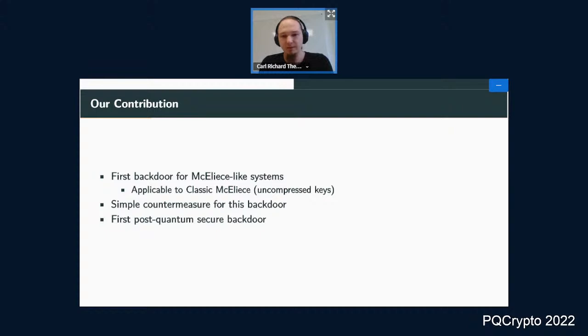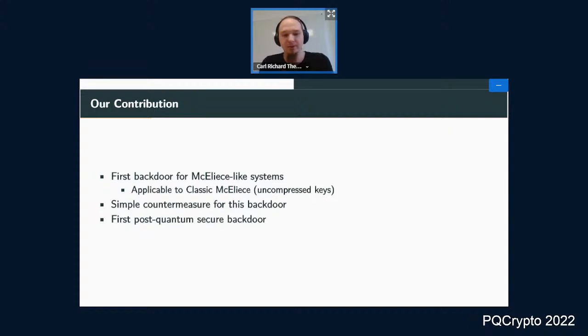And we also show that there is a really simple countermeasure for this backdoor. And at least to our knowledge, we also present the first backdoor which uses post-quantum cryptography for the adversarial instance. So we remain secure even in the cases where cryptographically relevant quantum computers are available.